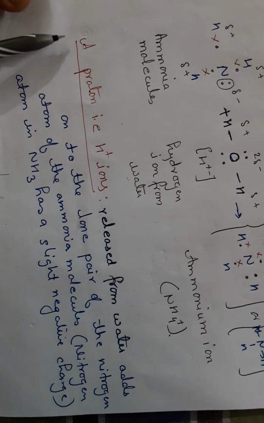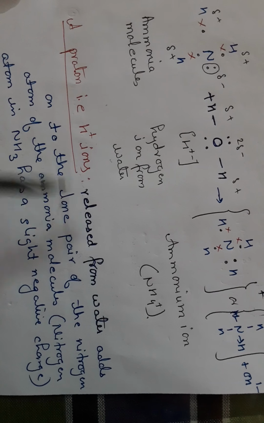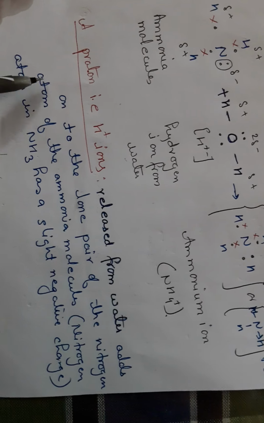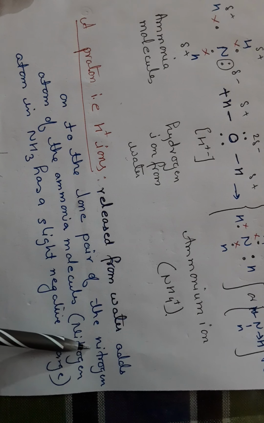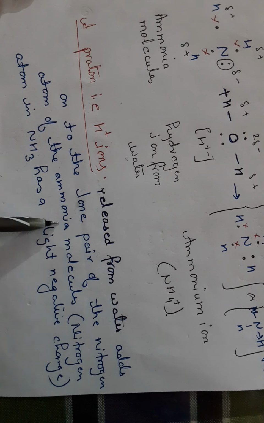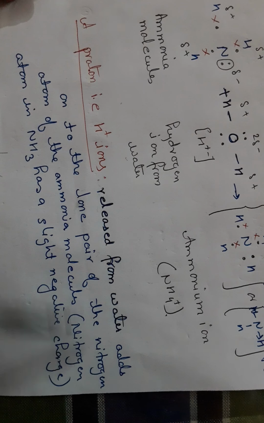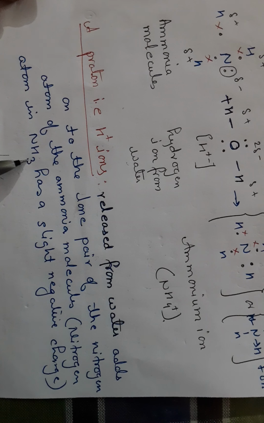So a proton ion released from the water adds on to the lone pair of the nitrogen atom of the ammonia molecule. The nitrogen atom in ammonia has a slight negative charge.